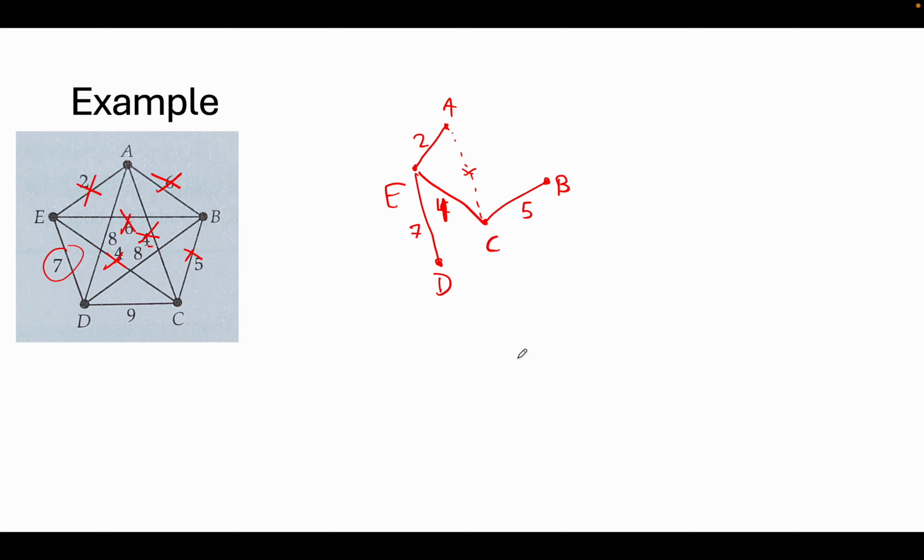Once we have the minimum spanning tree, great. Now we just need to say the weight is 2 plus 4, which is 6, plus 5 is 11, plus 7 is 18. So that's our minimum spanning tree with Kruskal's.